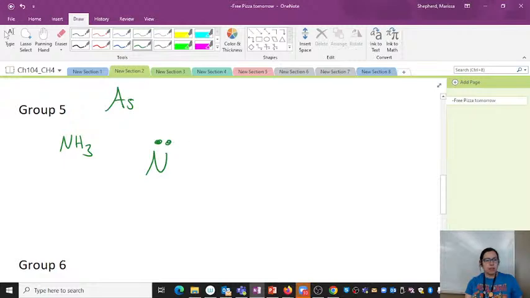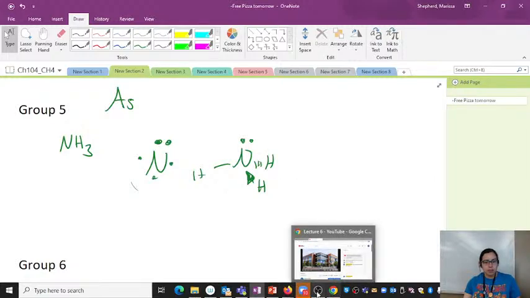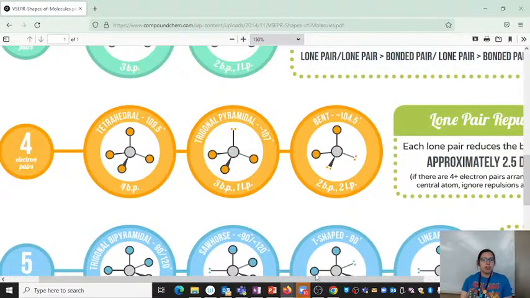If we draw out ammonia's Lewis dot structure, we said nitrogen likes to make 3 bonds. Then we can draw out the geometry. We know from our cheat sheet it's still in the 4-electron pair group. It has 3 substituents, 1 lone pair, but now its geometry is trigonal pyramidal.